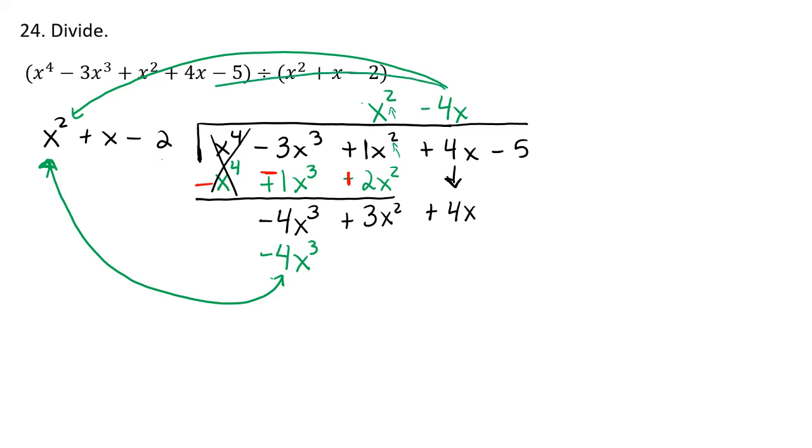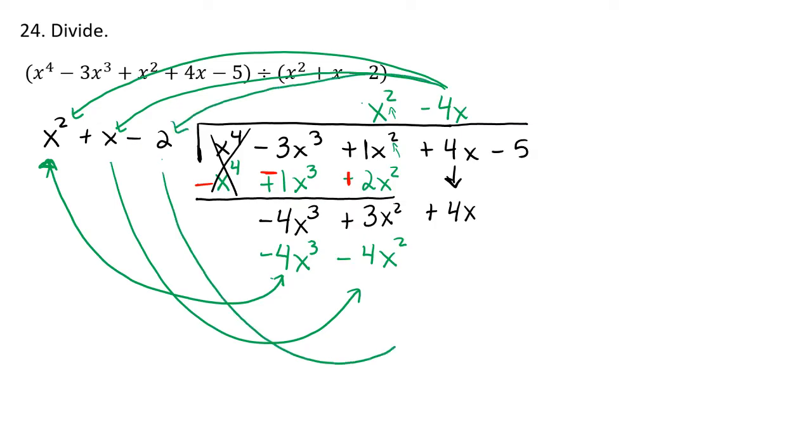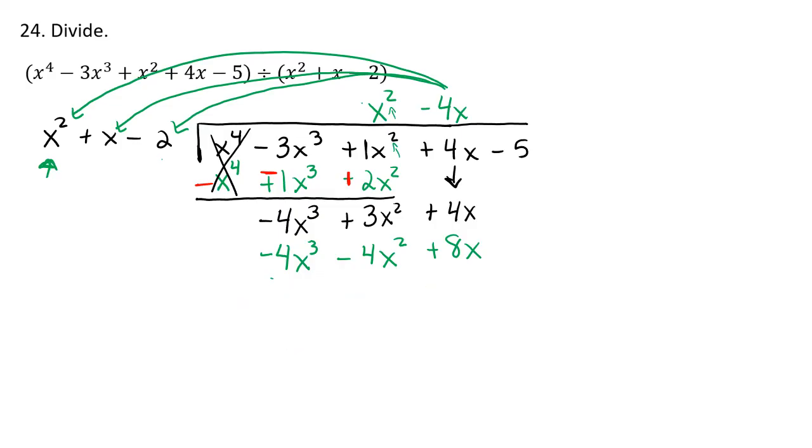Then negative 4x times x is negative 4x squared. Then negative 4x times negative 2 gives me positive 8x. Once again, I've run out of numbers to multiply by, so I've done all that I can there.